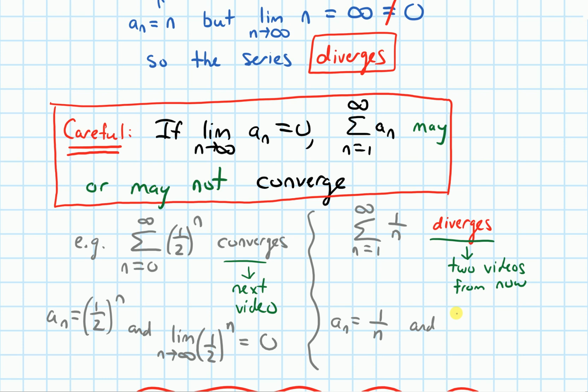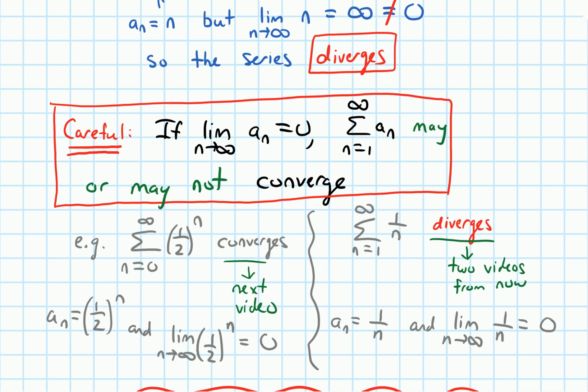And if we take the limit as n goes to infinity of 1 over n, this is 1 over something really, really huge, which is also 0. So again, just to recap, even though the terms in both of these series tend to 0, one of these series converges and the other one diverges.